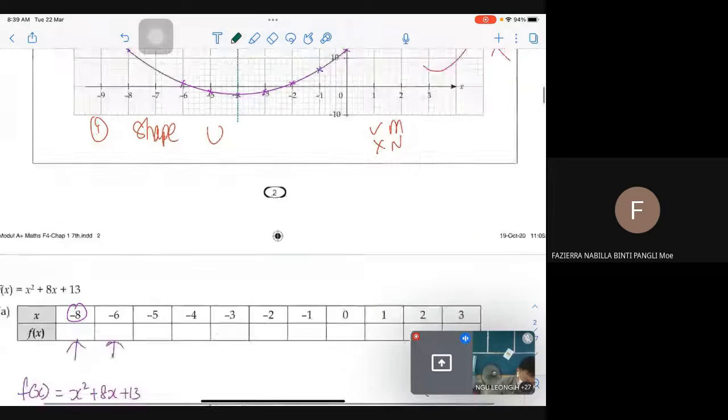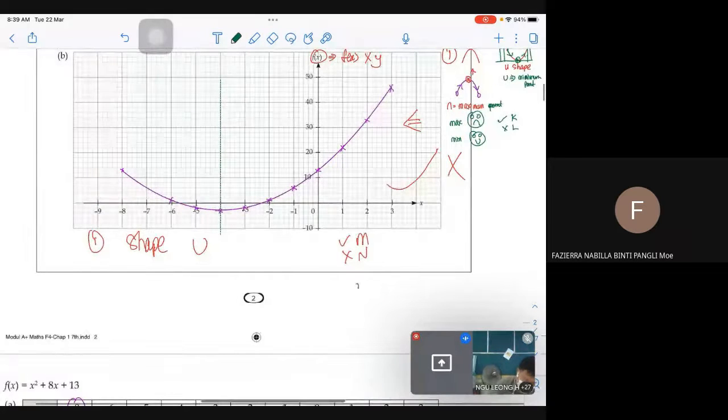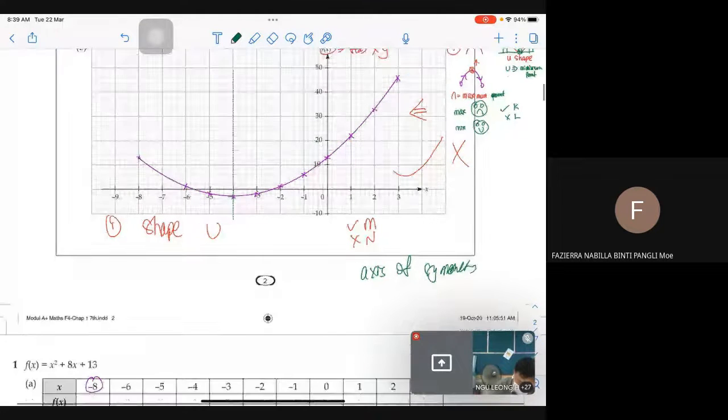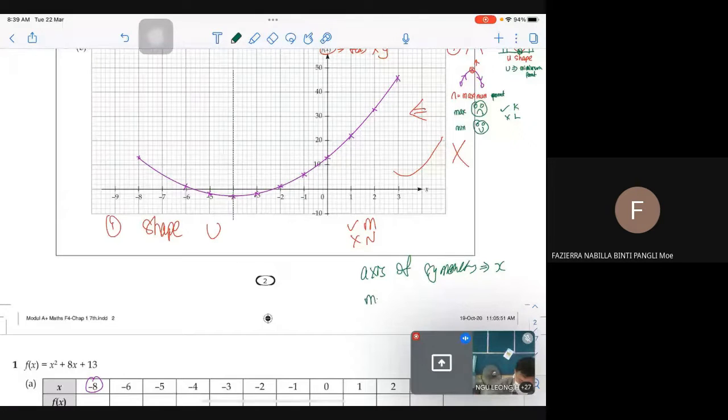Axis of symmetry is the value for x at the minimum or maximum point.